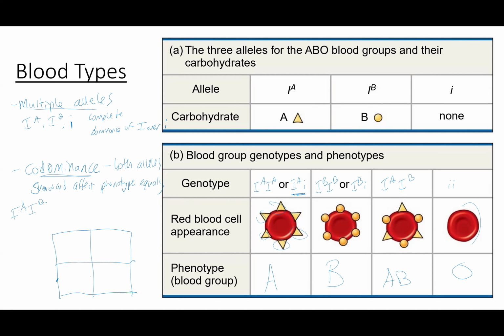And we have a parent that's AB and another parent that's O. So take a minute and see if you can fill in that Punnett square and see what would happen in this case.